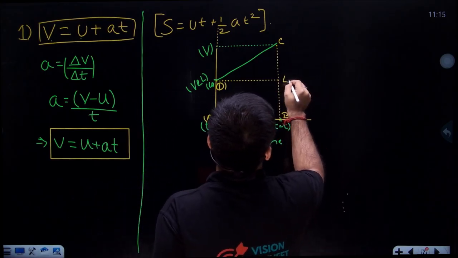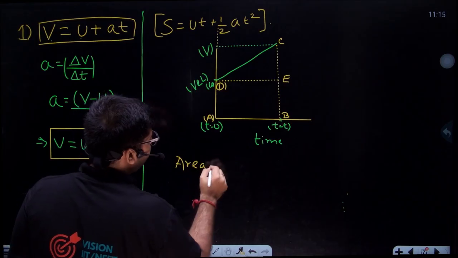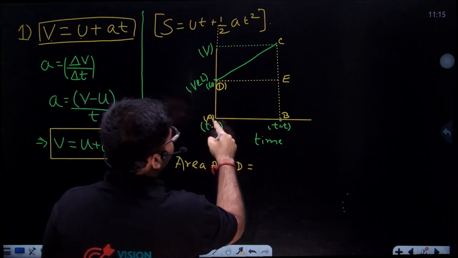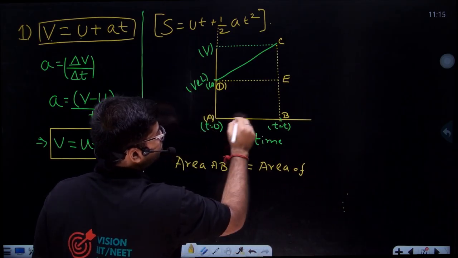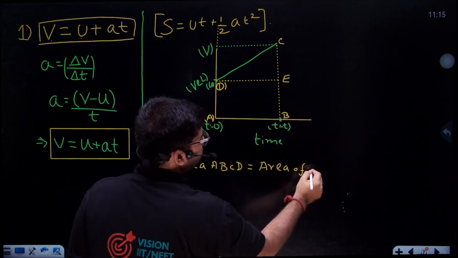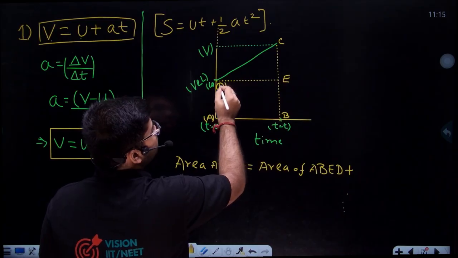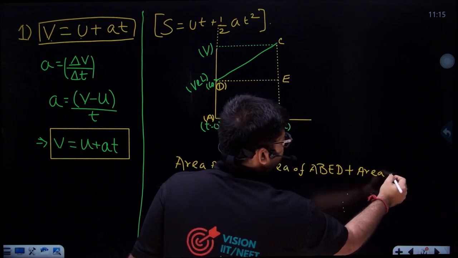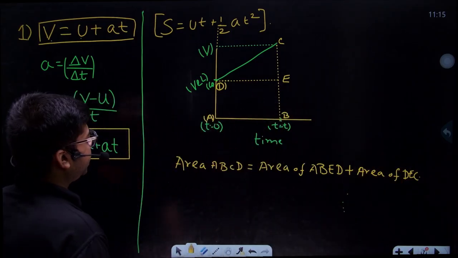One is, I can say, the area ABCD is nothing but the area of the rectangle ABED plus the area of the triangle DEC. Okay, this we can take.